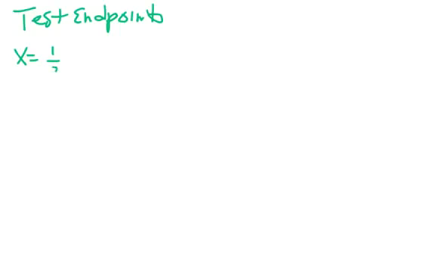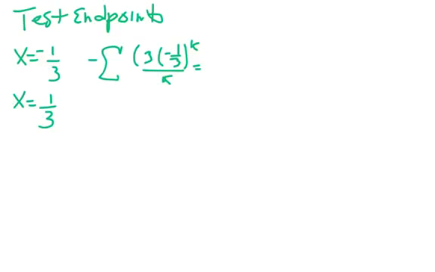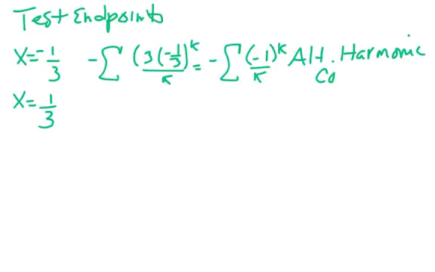So I need to test the individual endpoint. So let's put it directly into the new series that we just generated. And this is 3 times -1/3 to the k over k. And we end up with an alternating harmonic, which we know converges. So that's an alternating harmonic which converges.